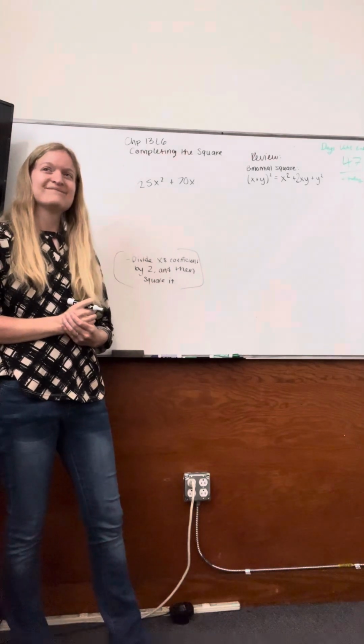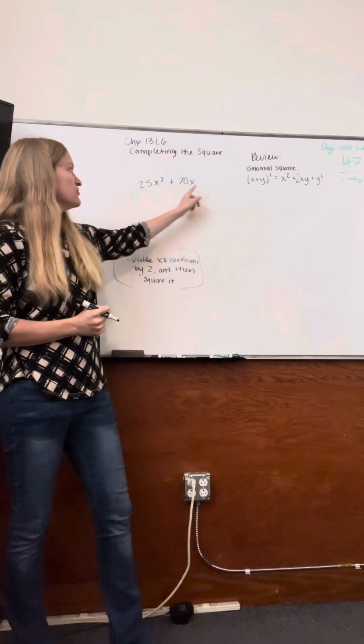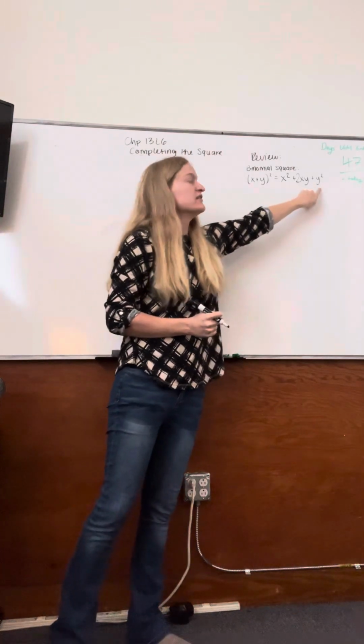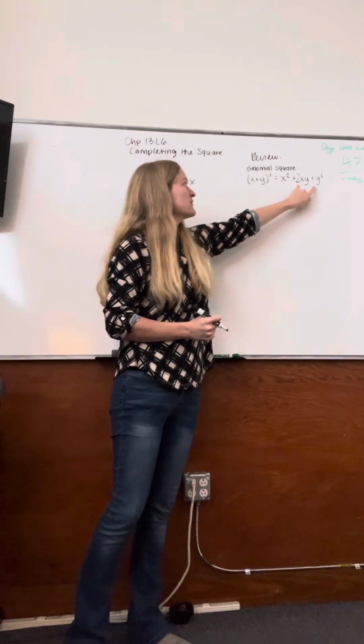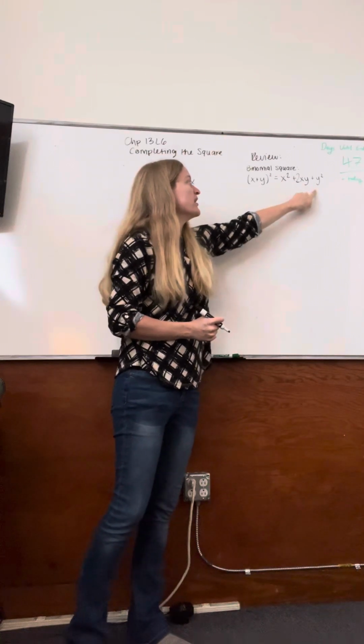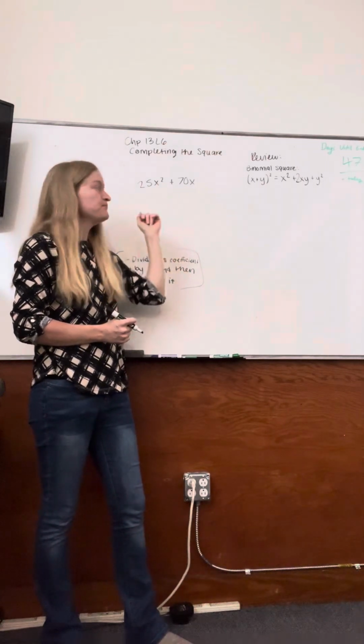You have to get it by itself first. I don't think so. You see how the x doesn't really affect this last value? There's an x squared here and an x here, but it doesn't really affect this. So you still follow the rule to divide this in half and then square it.